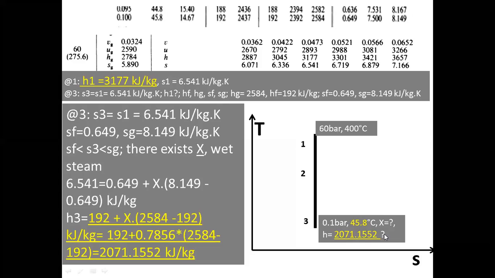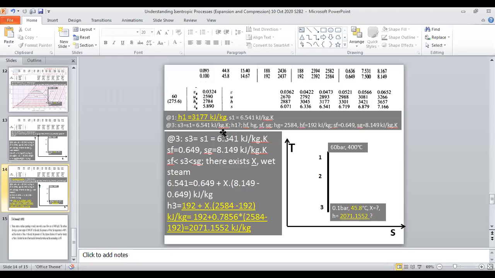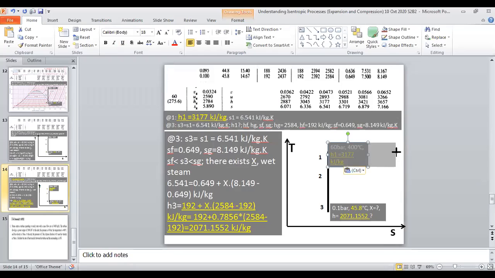You should have the units here and the H1 value at 1, just 3177 kilojoule per kilogram.